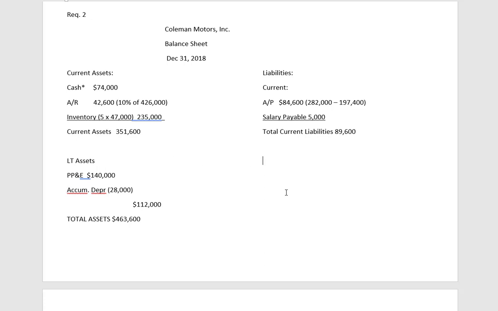So we go straight to stockholders' equity. So common stock, $350,000. Retained earnings. So retained earnings here is $24,000. It's just $53,000 minus $29,000.